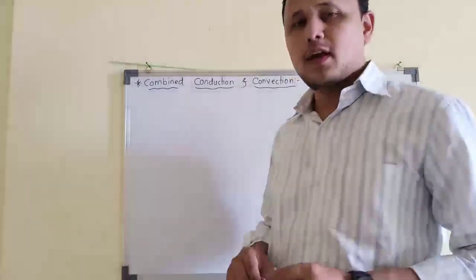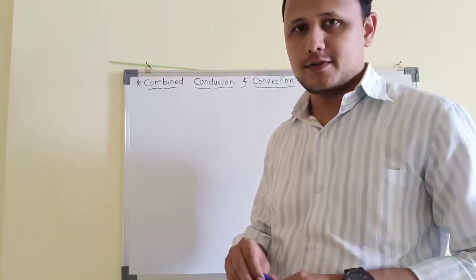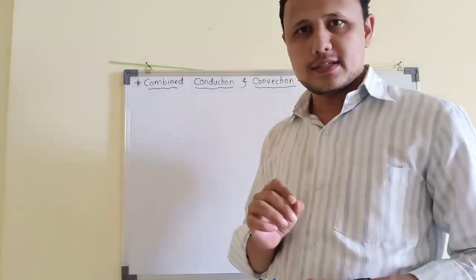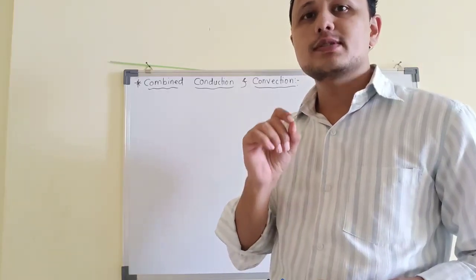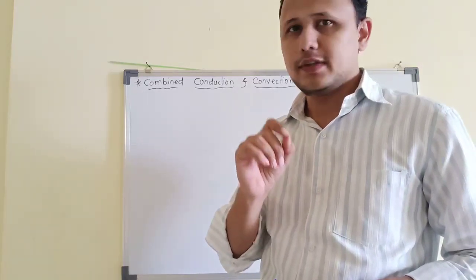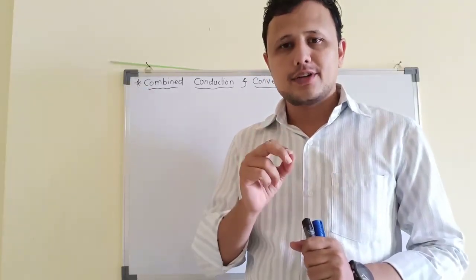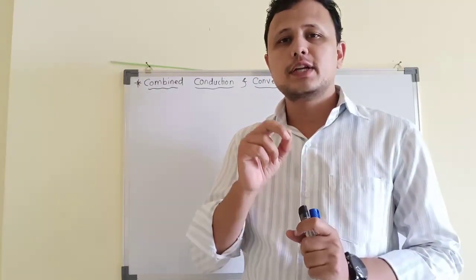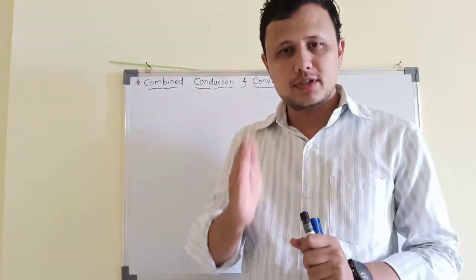Hello everyone. In the previous lecture we discussed the electrical analogy of heat transfer, and we also discussed that the electrical analogy is very helpful to simplify the problems associated with heat transfer. This becomes particularly important when heat transfer involves a combination of different mechanisms, such as combined conduction with convection.